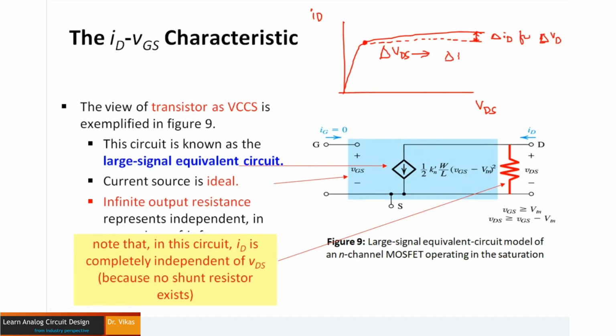So if I do this, delta VDS by delta IDS, I can say that there is a small resistance observed in the saturation region, and that is basically the finite output resistance in the saturation region.